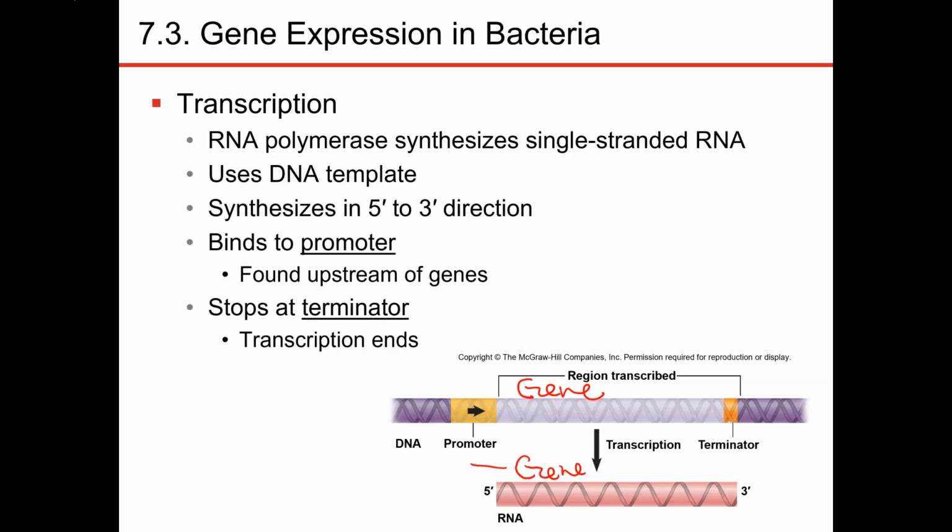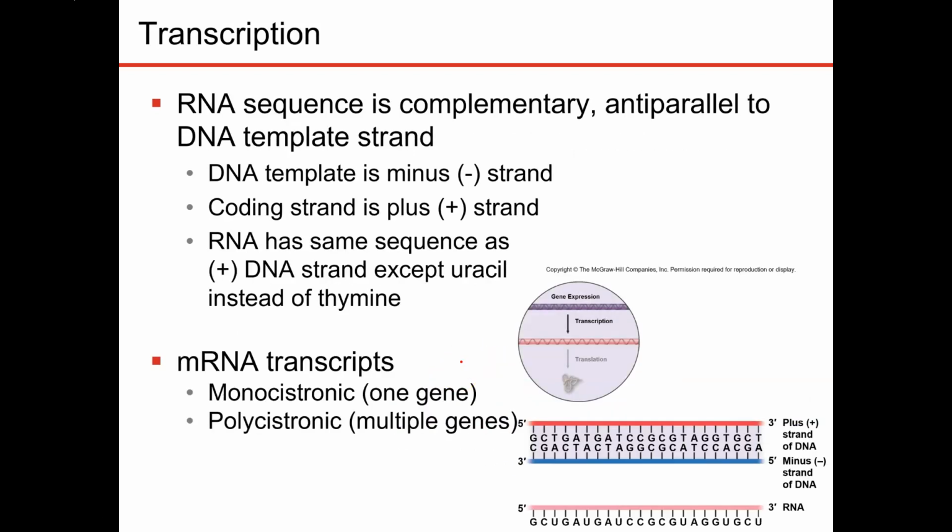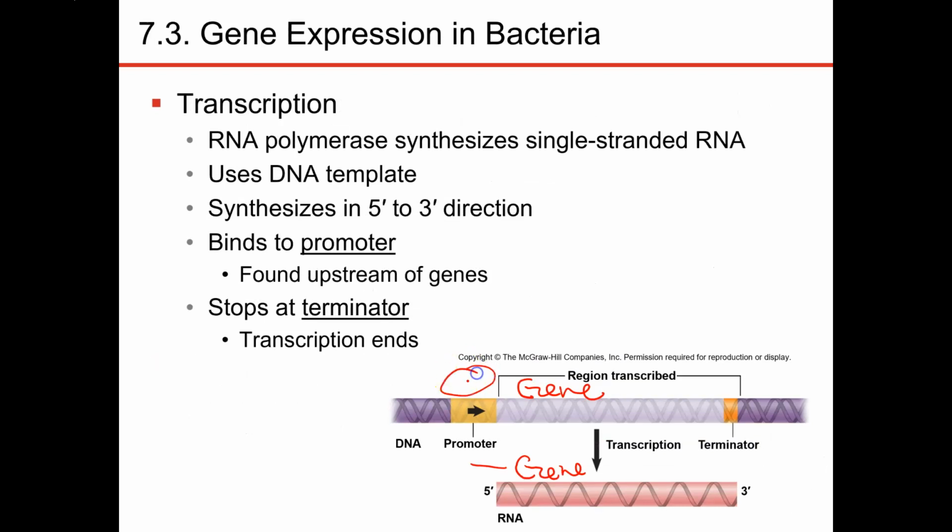We make a copy of whatever the coding strand says by using the template strand of the DNA. So when you produce an RNA molecule, we typically have a region called the promoter site, which is right here, which is where RNA polymerase binds.